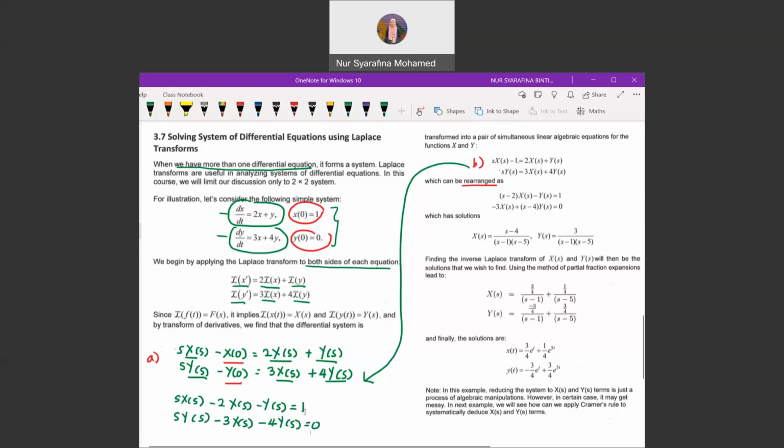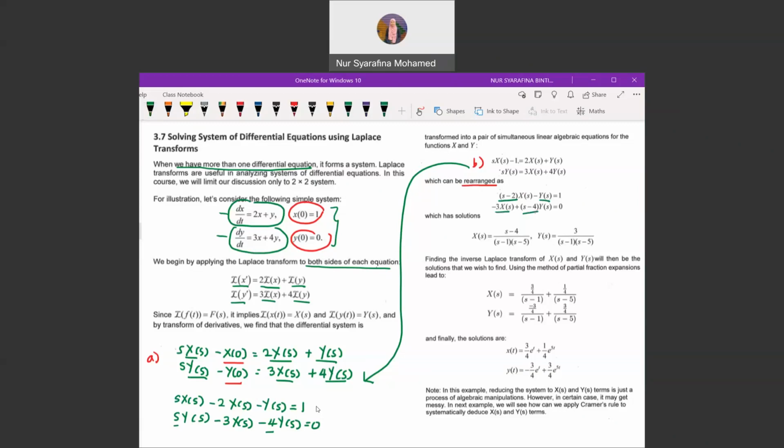We can factorize (s minus 2) here, minus Y(s) equals 1. And then this one, minus 3X(s), (s minus 4)Y(s).